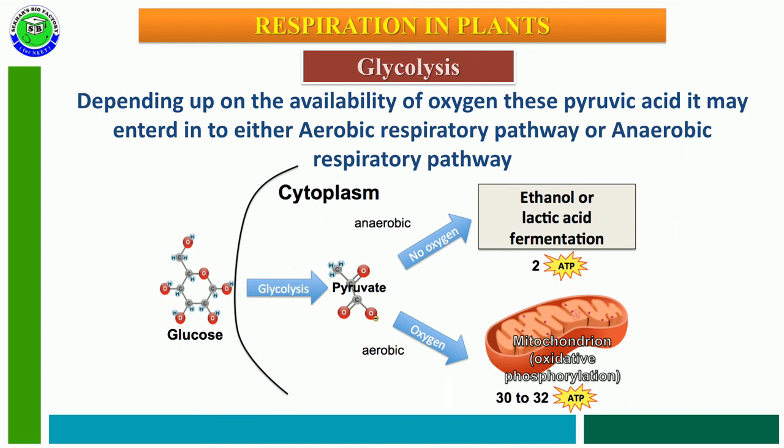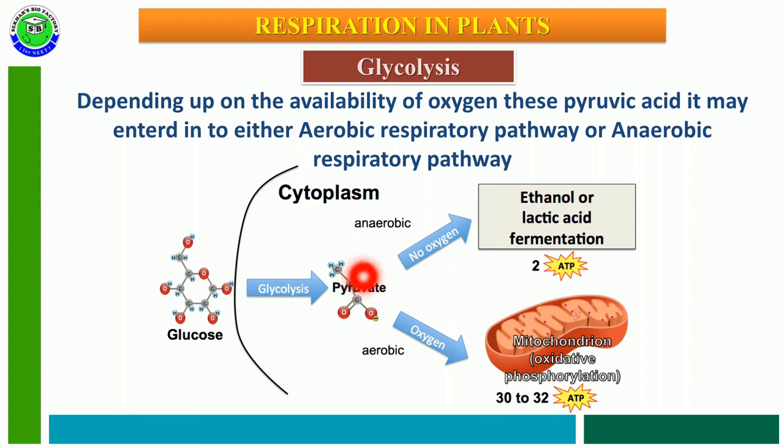Now, depending upon the availability of oxygen, the end product is pyruvic acid or pyruvate in glycolysis. If oxygen is available, that enters into mitochondria to perform complete oxidation to release more energy.